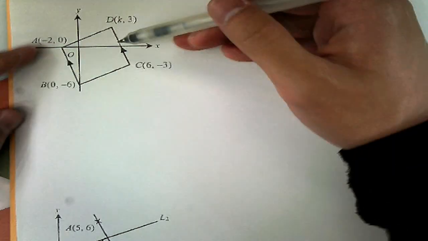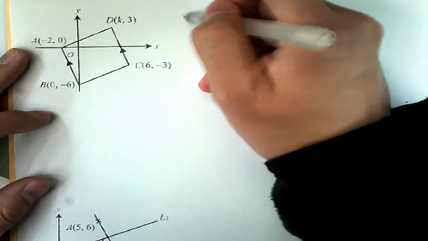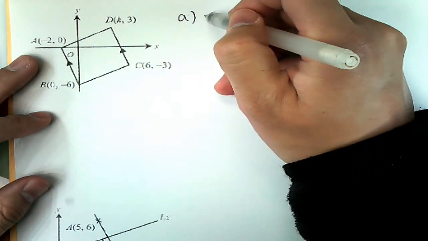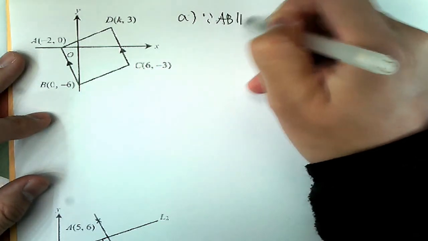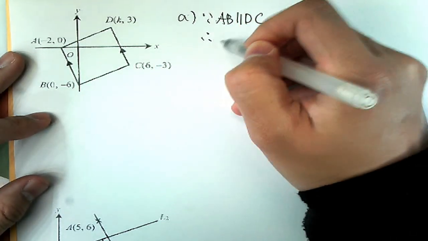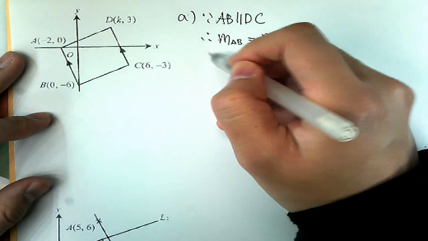So very easy. You have to calculate these two slopes to be equal, right? So you can say, because AB is parallel to DC, so MAB equals MDC. Understand?